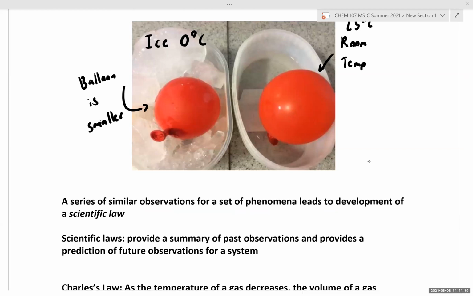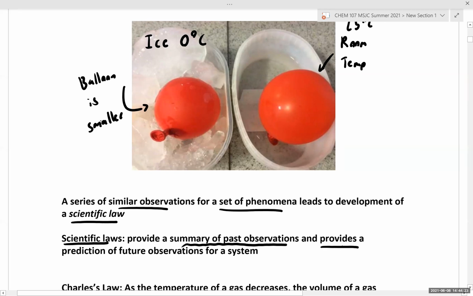And a series of similar observations for a set of phenomena leads to development of what's known as a scientific law. And scientific laws provide a summary of past observations and provide a prediction of future observations for a system.